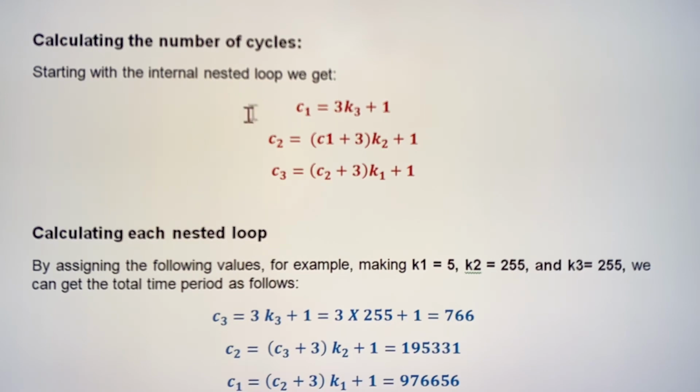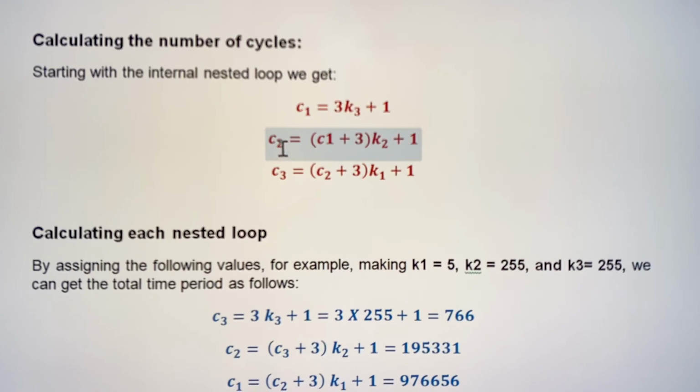Starting with the internal nested loop, we get the 3 clock cycles. Remember, there were 2 for go to and another 1 for the decrement. And so 1 for decrement, 2 for go to, and plus 1. Okay, the plus 1 is because in the beginning you are loading K3 with a constant, so that requires another cycle.